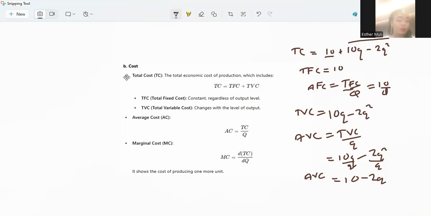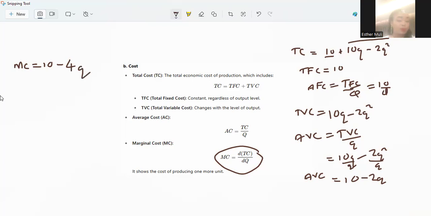And we also find our marginal cost by differentiating the total cost function with respect to quantity. Derivative of 10 is 0. Derivative of 10Q is 10. Minus 2Q squared, when differentiated, will be 4Q.